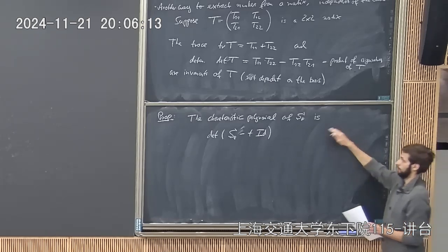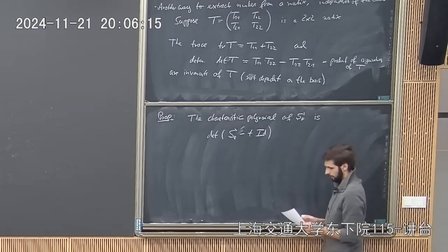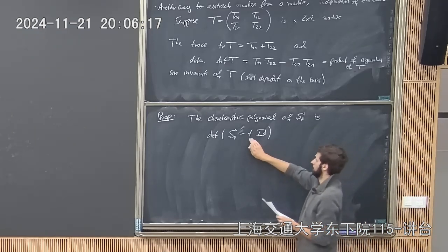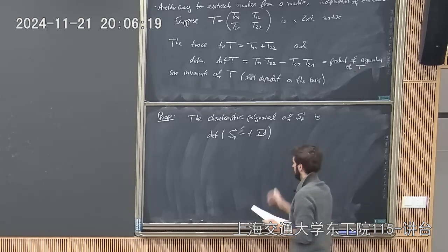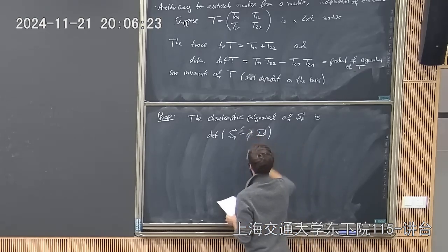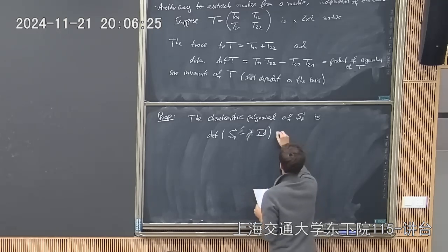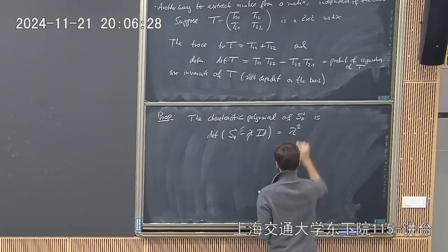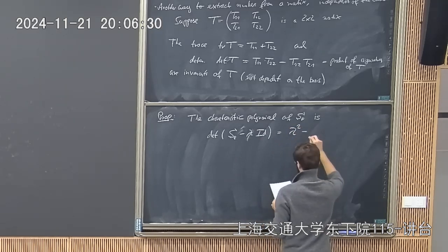So that's the abstract definition of what is called a characteristic polynomial. It's a polynomial in T, or maybe I take lambda here. And this one is given by the following expression.